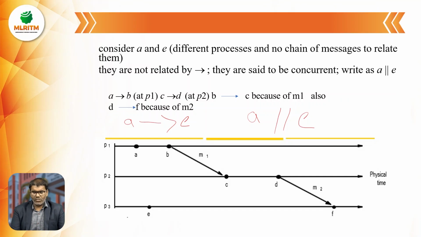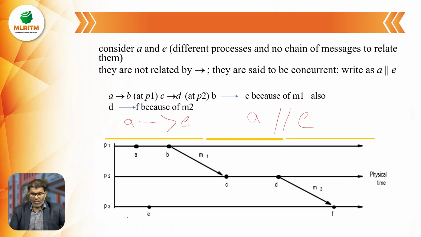So here A turns to B means P1, C turns to D means P2, and B turns to C means M1. Also B turns to F because of M2.